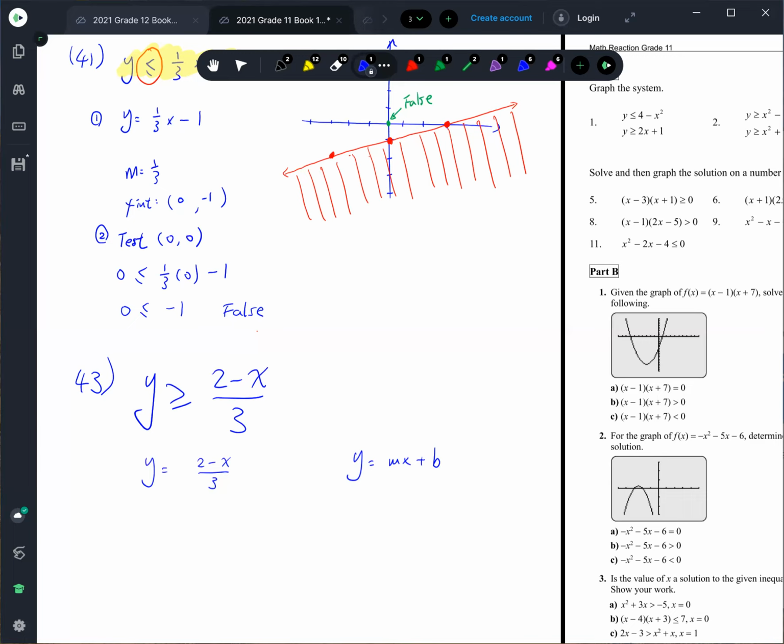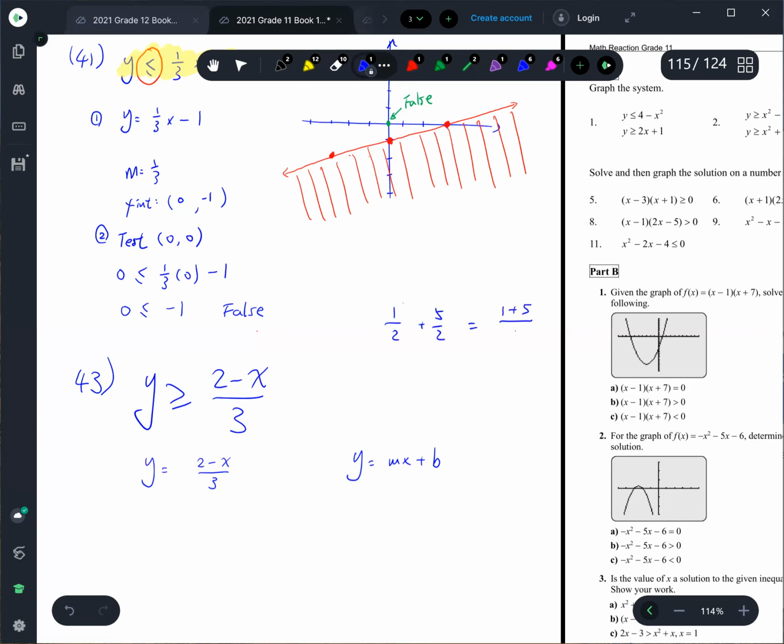Okay, so we can split the fractions up, right? For example, 1 over 2 plus 5 over 2 is the same as 1 plus 5 over 2. So if you have two things on the top, you can split into two fractions. Same with this one: we can write it as 2 over 3 minus x over 3.